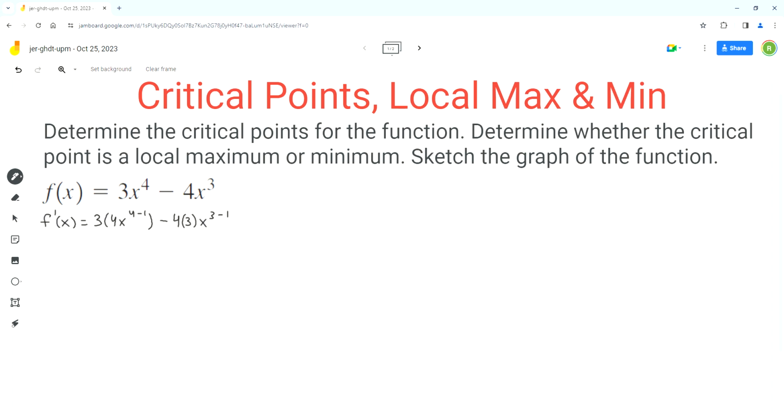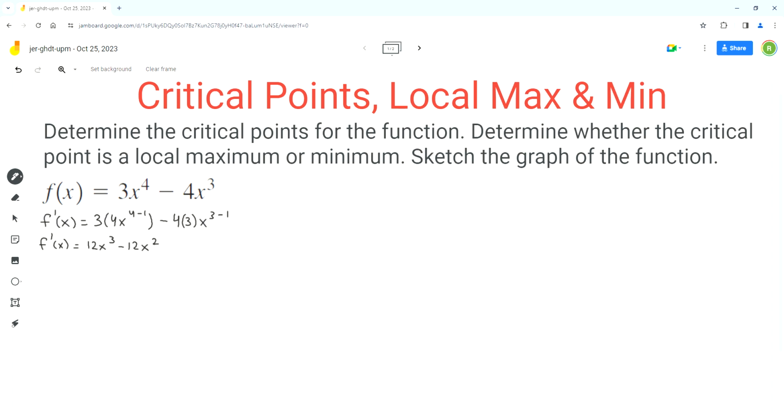Now we can simplify this expression. So f prime of x equals 3 times 4, which is 12, x^3, minus 4 times 3, which is 12, x^2.